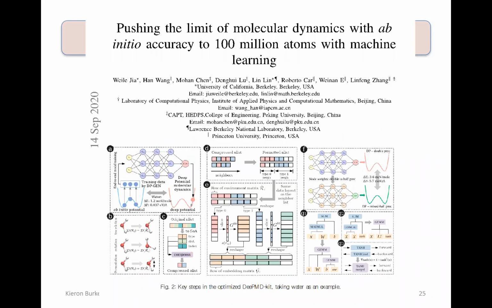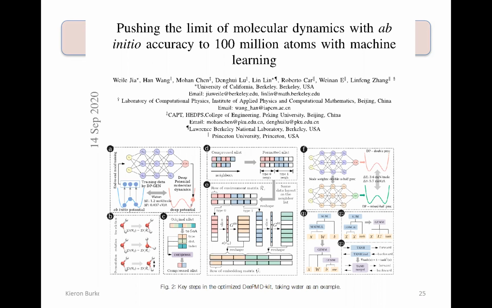This one won the Gordon Bell Prize a couple of years ago. This is people like Roberto Car, Weinan E at Princeton, and Lin Lin, who is a very good younger mathematician out of Berkeley.